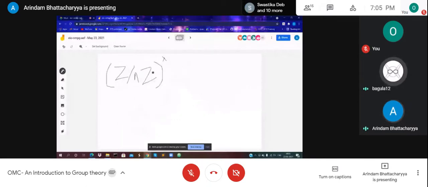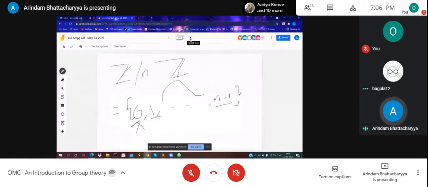Is that clear? One question. This group which you have written, Z slash nZ, is this the group of only the elements 0 to p minus 1, or is it the equivalence classes of 0, 1 to p minus 1?